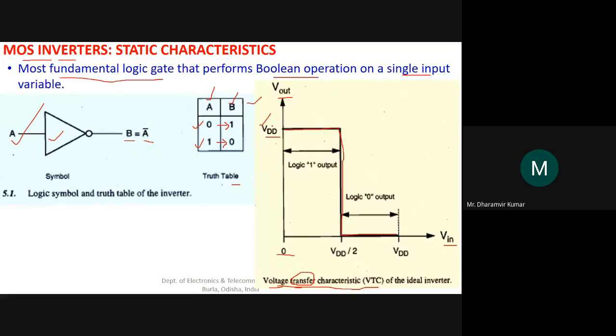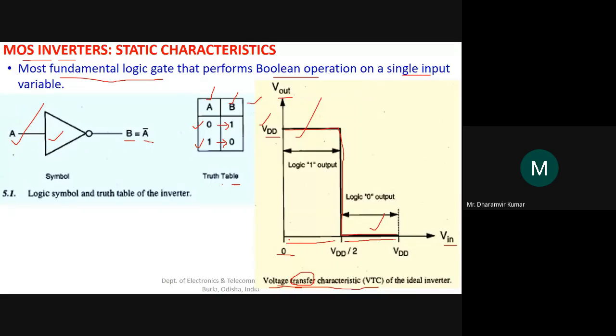When input is low, from 0 to VDD by 2, the output is high. And when input is high, from VDD by 2 to VDD, the output is low, because this is an inverter performing the inverse operation.